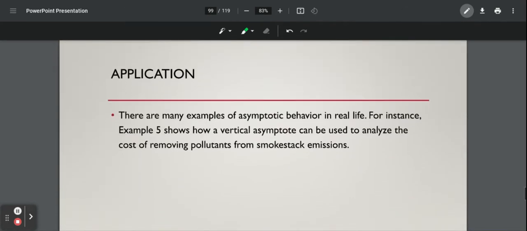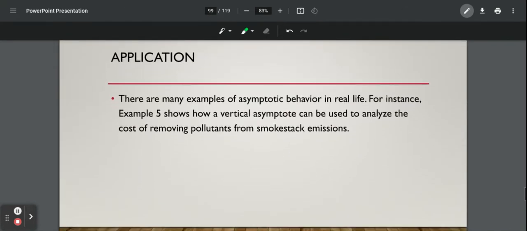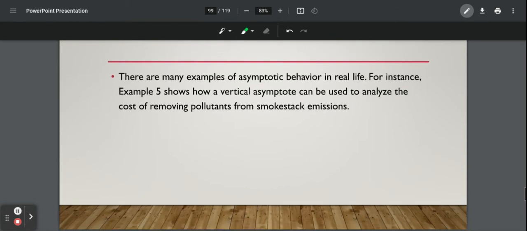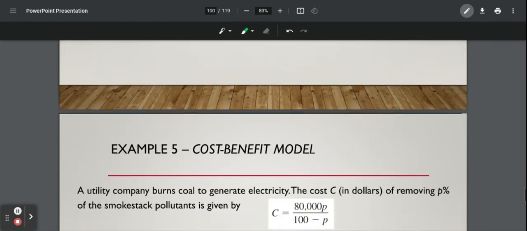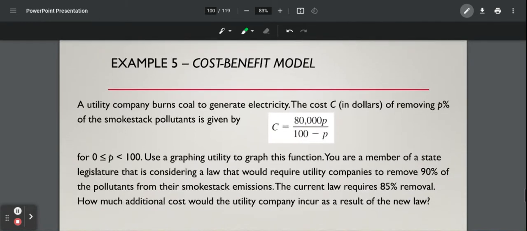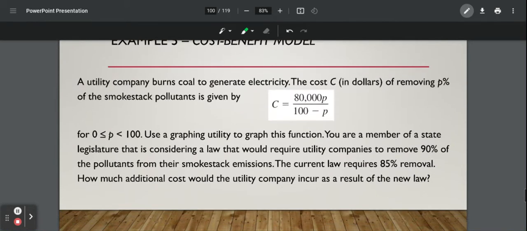All right, so our application. There's many examples of asymptotic behavior in real life. For instance, this next example shows the vertical asymptote can be used to analyze the cost of removing pollutants from smokestack emissions. We have a utility company that burns coal to generate electricity, and the cost in dollars of removing P% of the smokestack pollutants is given by this equation for values 0 to 100 because P is a percent.